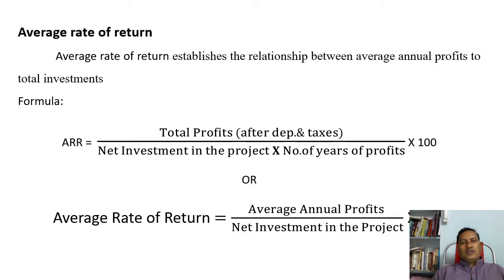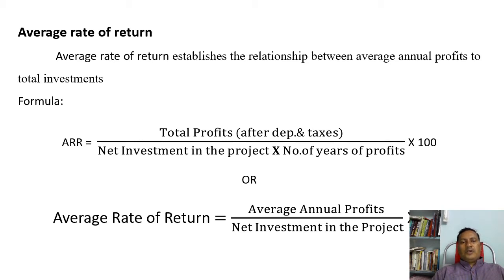Average rate of return. In the previous session, we studied the theoretical aspect of the calculation of average rate of return. Just to revise, average rate of return establishes the relationship between average annual profit and the total investment.